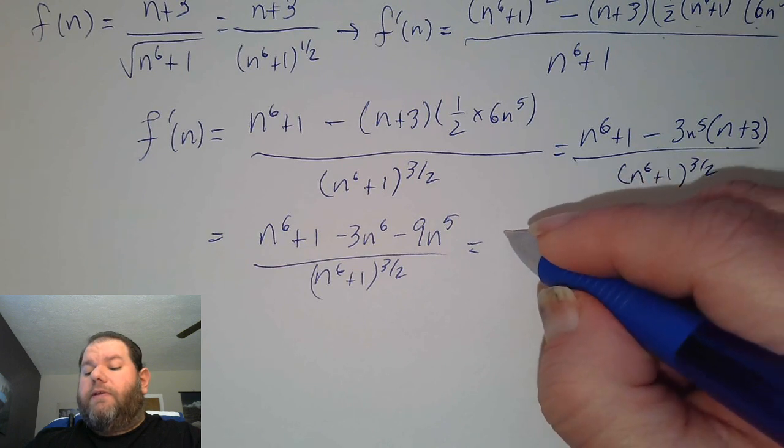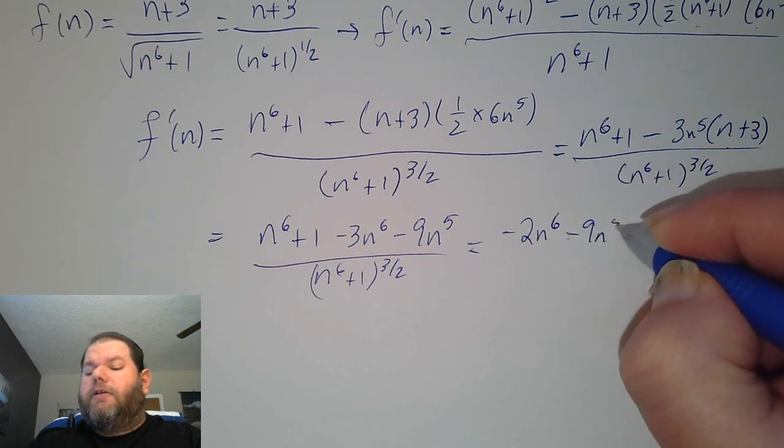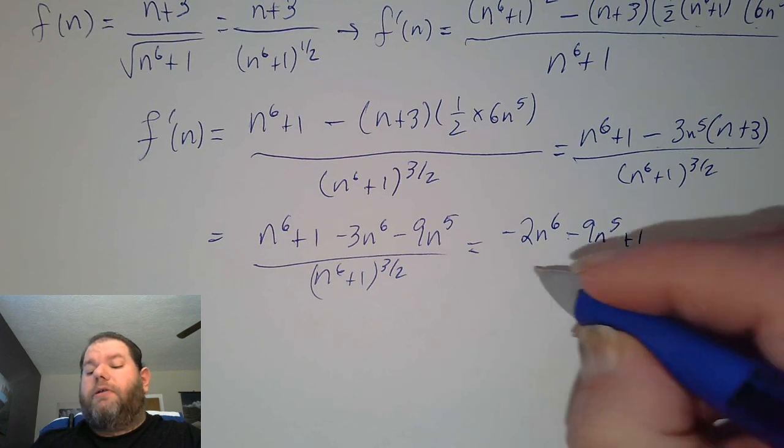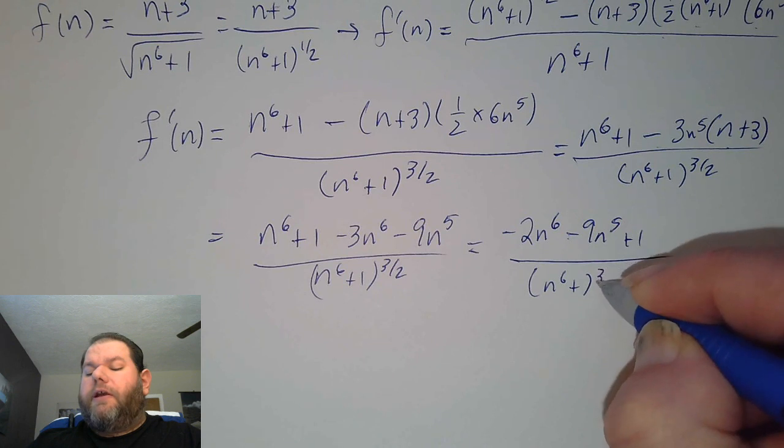So that is negative 2n to the 6 minus 9n to the 5th plus 1 over n to the 6 plus 1 to the 3/2.